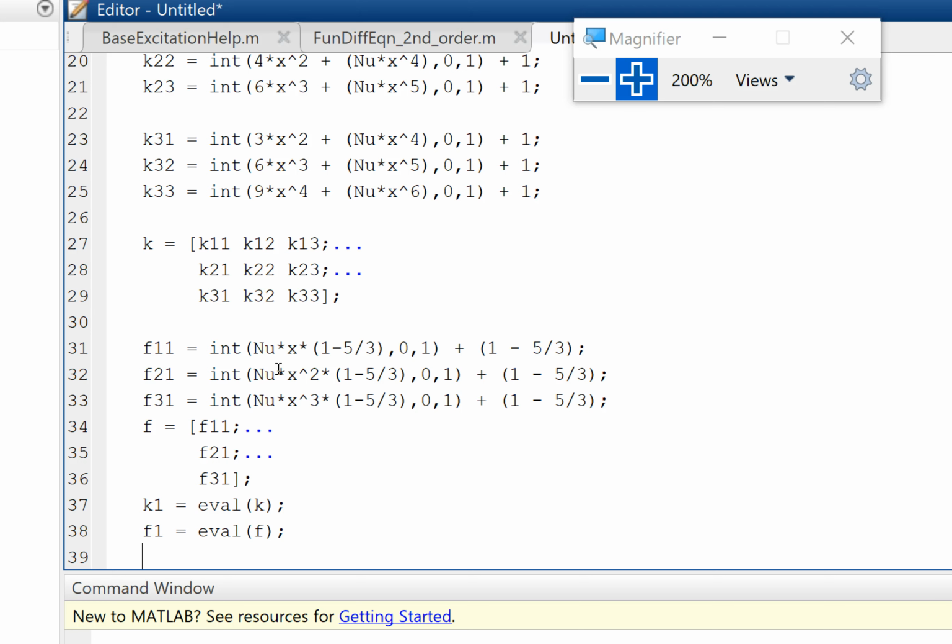Are you able to use eval? Yes, I think you have to eval again because you have X as a sim. But you can do that at the end.